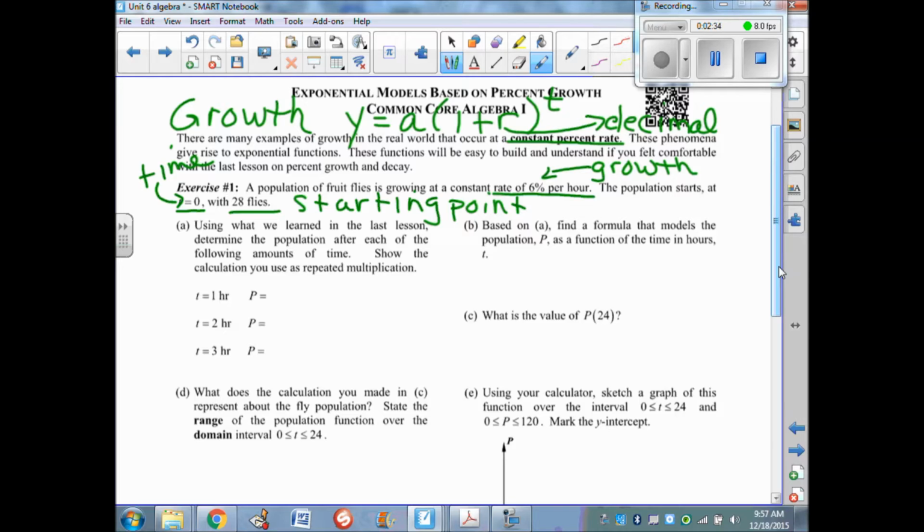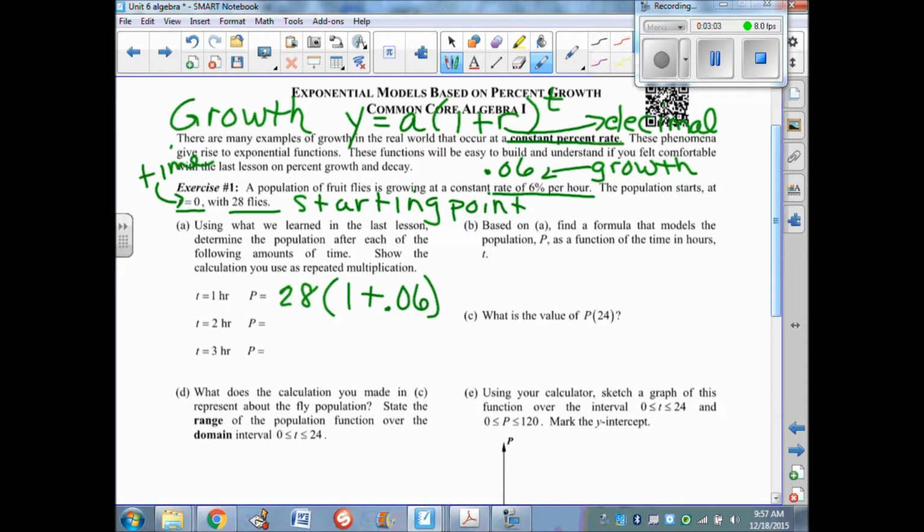So at 1 hour, how many fruit flies are there? So we started out, our initial amount was 28 fruit flies. And then we know that they're growing at a constant rate of 6% per hour. So we say 1 plus, well, what is 6% as a decimal? 6% is 0.06 as a decimal.